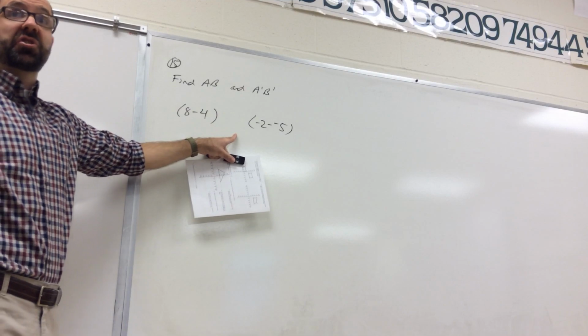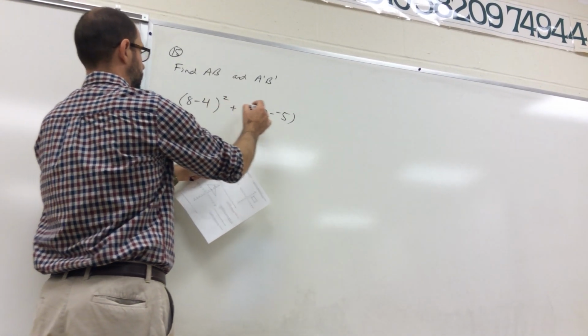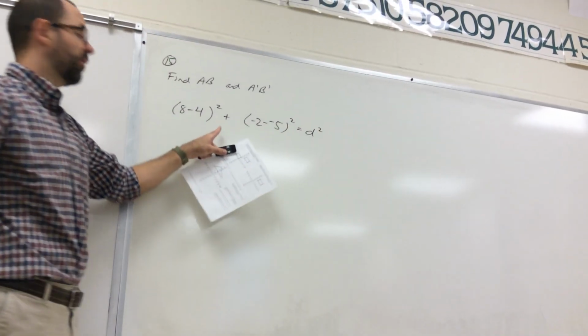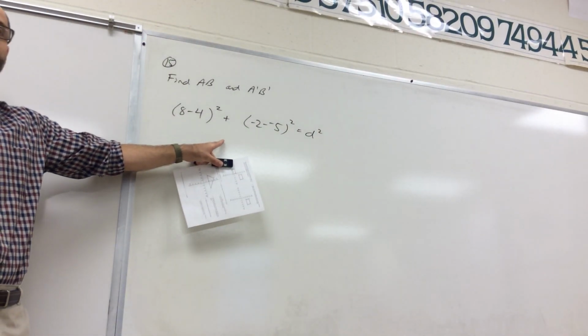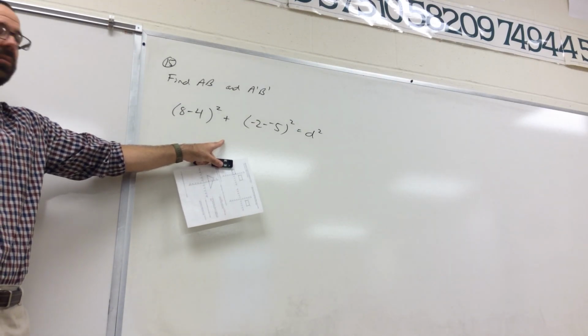But then after that, you square the answers and add them up. So this is the distance formula for figuring out how far it is from A to B. So you subtract and square and then add.